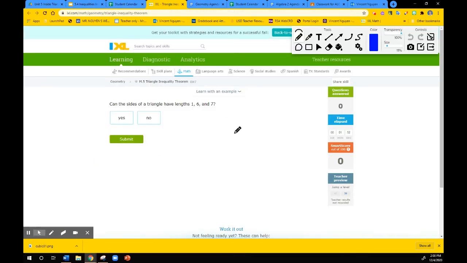Okay, sorry about that. So here's an example. We have three segments, 1, 6, and 7. 1 is the short one, 6 is the medium, and 7 is the long one. So short plus medium must be greater than the long one.